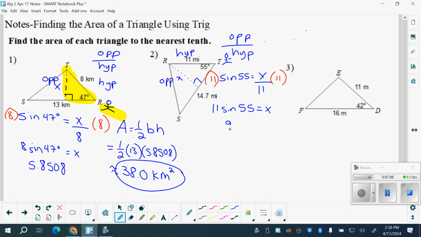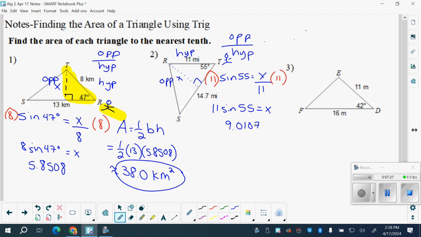And that's 9.0107. Again, I'm just carrying it out further than the tenth place because I want to make sure that we have that answer to the nearest tenth. You have to round it past the nearest tenth.